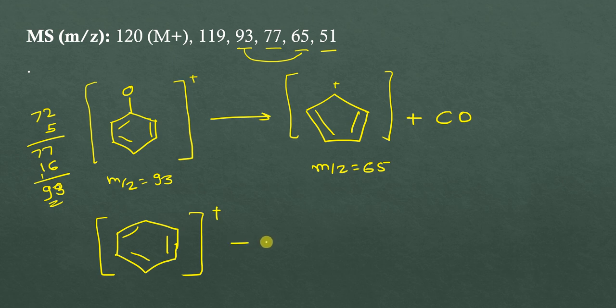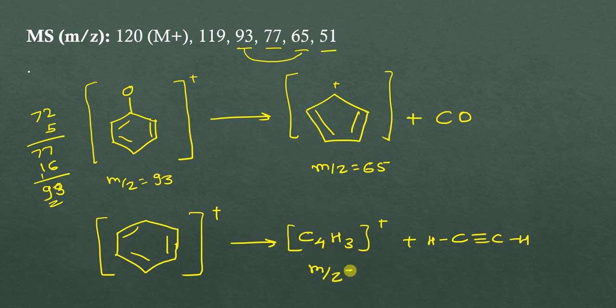Now this benzene ring will convert to this C4H3 plus with elimination of acetylene from this, so this C4H3 fragment which we'll get corresponds to 51.